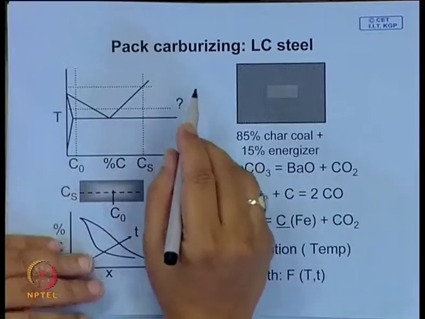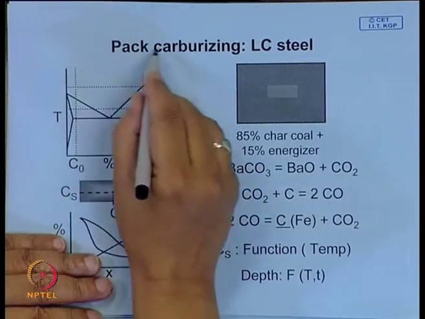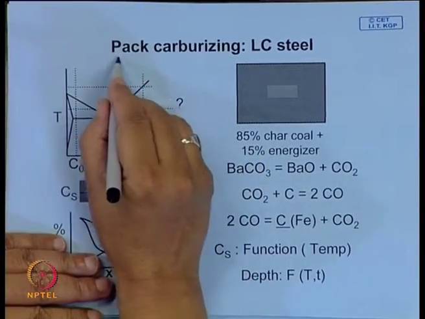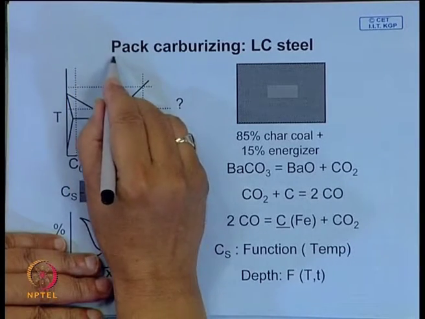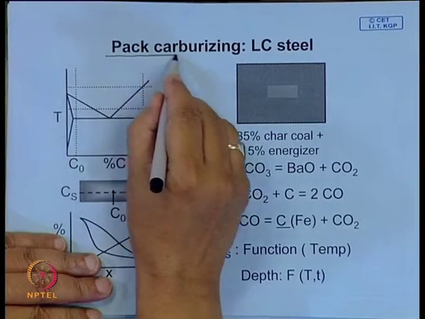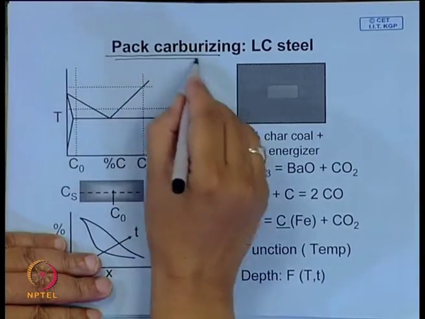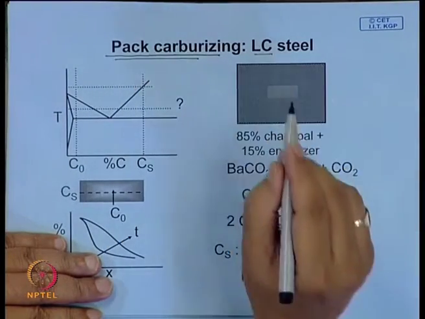Here, there are several methods by which you can increase the carbon content at the surface, and one very popular method is pack carburizing, a treatment given to low carbon steel.